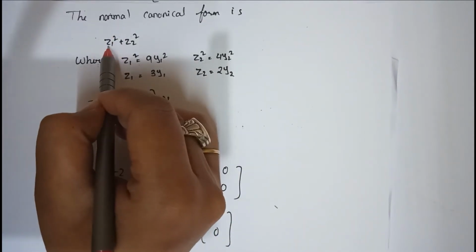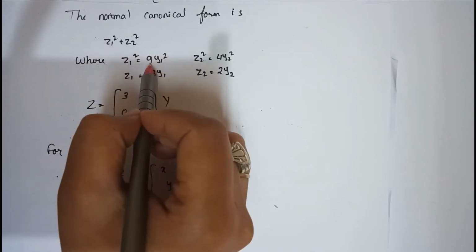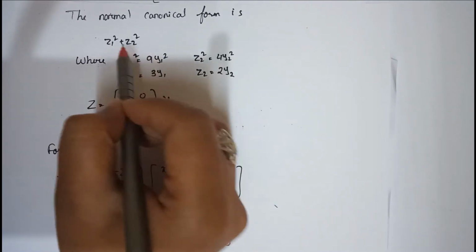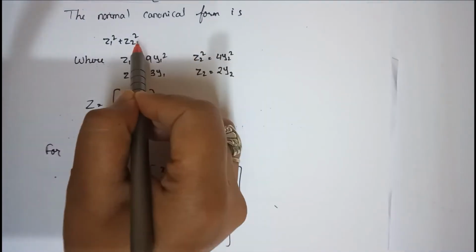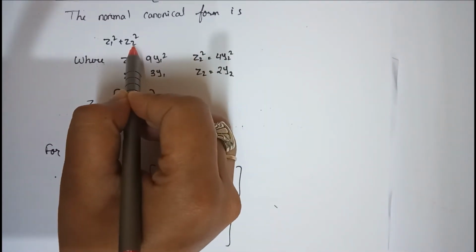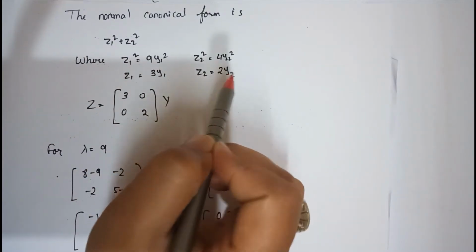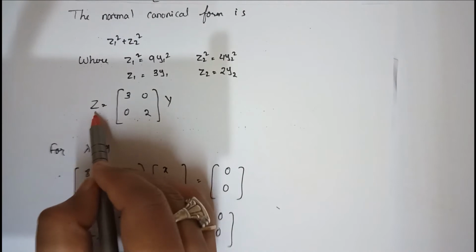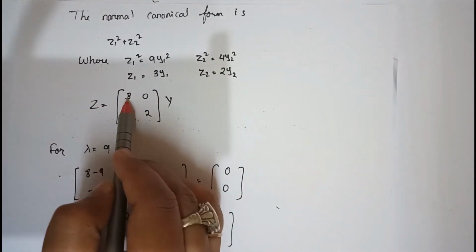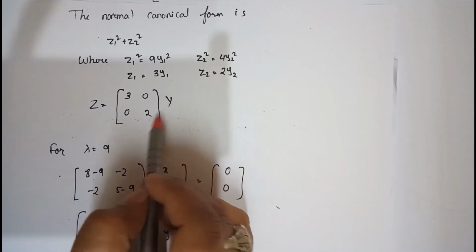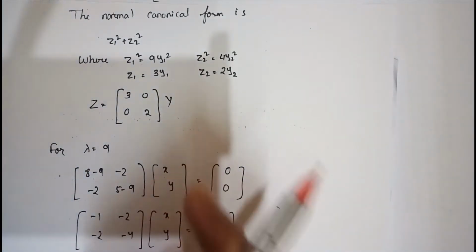Whatever 9 y1 square has been given, I directly wrote it as z1 square, and whatever is given for the other, I replaced it with z2 square. After that I can find z1 is 3y1 and z2 is 2y2. Now I can replace z in the form of y. Look, z is 3 times y1 and 2 times y2, so I wrote it as the matrix 3 0 0 2 times y.